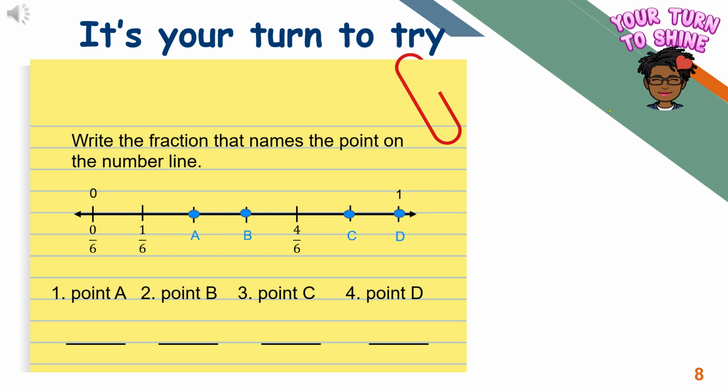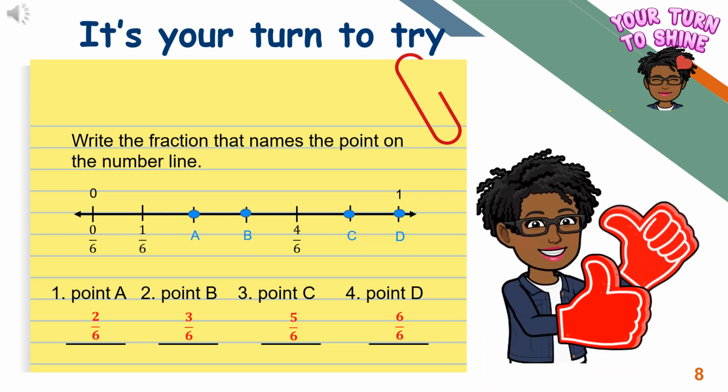So the next fraction would be 2/6 for A, 3/6 for B, 4/6 is already numbered on the number line, so we skip that one, 5/6 for C, and 6/6 for D, which is also equal to 1 whole. Hope you got that right.